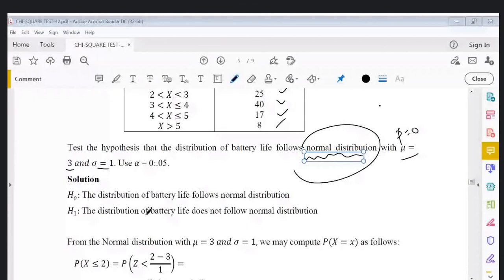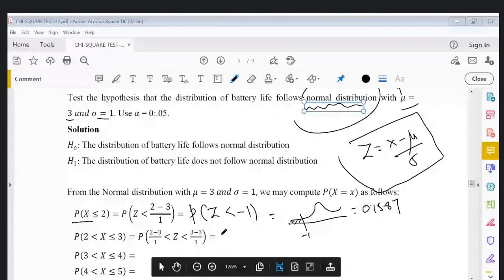Let us see the procedure. We get 0.1587, the probability. This is P of Z less than negative 1. The second is from negative 1 until 0.